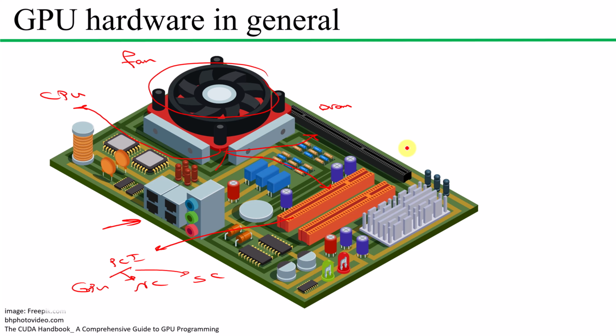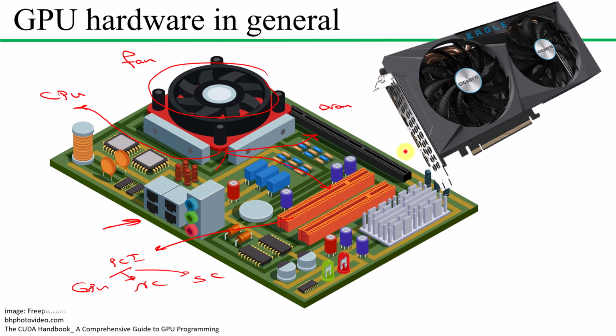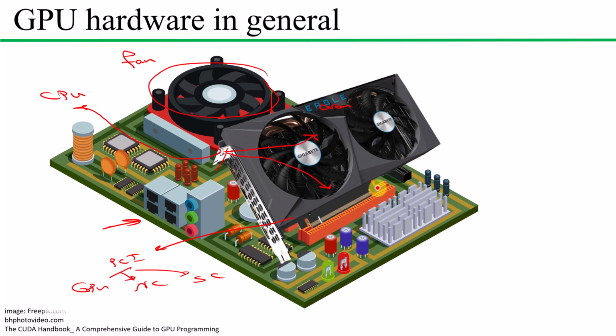By slotting any GPU into this PCI interface, it establishes a direct link through the motherboard pathways to the CPU. So when we put this GPU in this PCI interface, it becomes connected to the CPU.